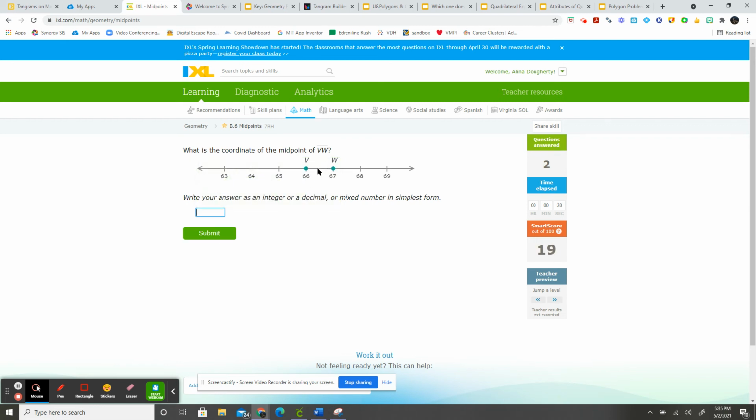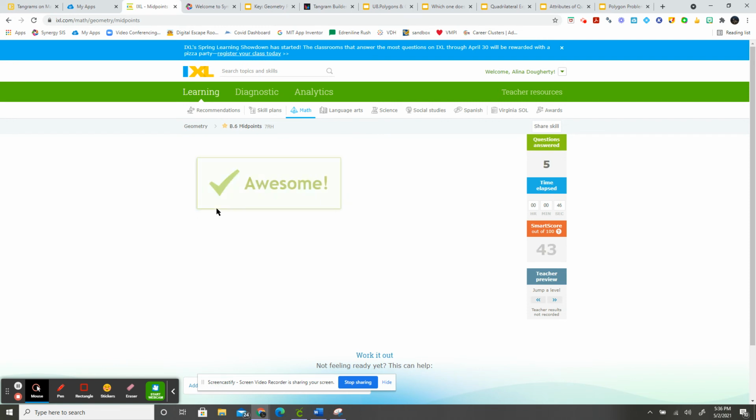Now I don't have an exact center, so I can add them and divide by 2, or I can just know that it's 66 and a half, 66.5. 48 and a half, or 48.5. And then we're back to our nice numbers that has a hole in it, so 10.